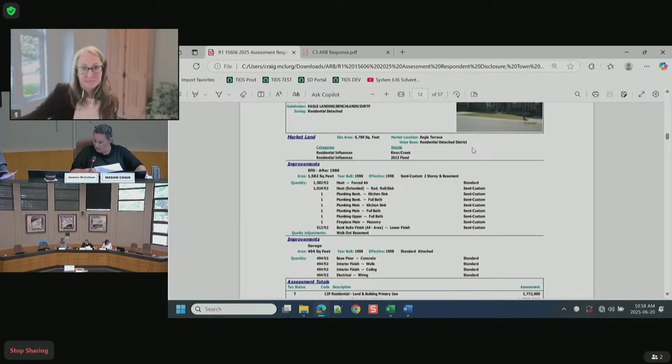And so, now that the respondent has provided evidence, the complainants provided questions, and the board has asked questions, it is time for the complainant to provide any rebuttal evidence. Yes.